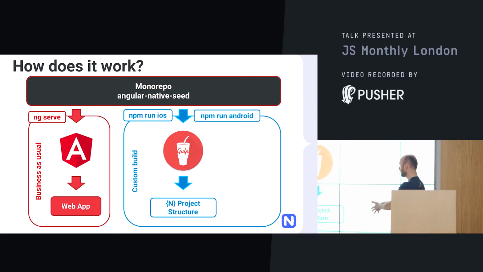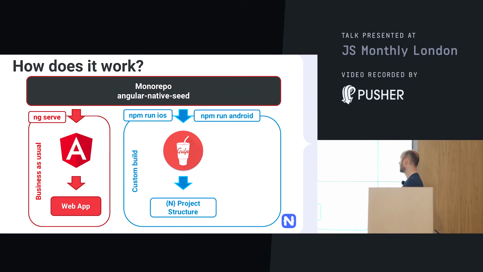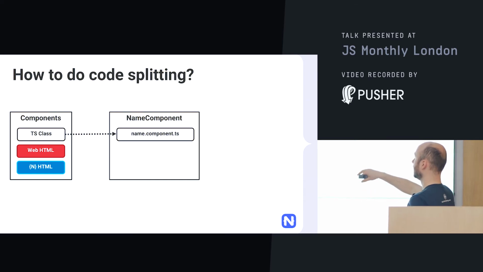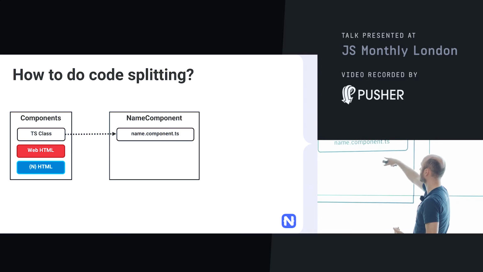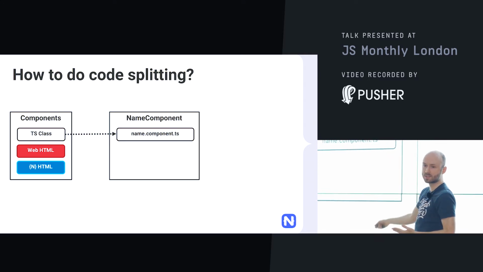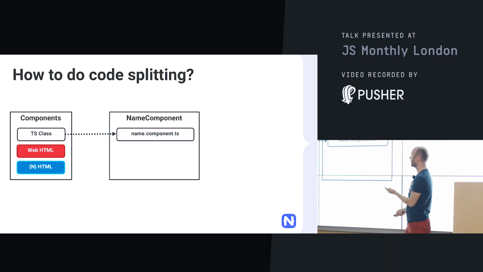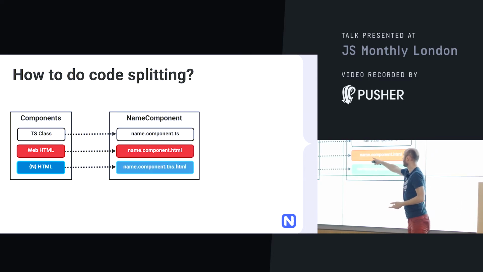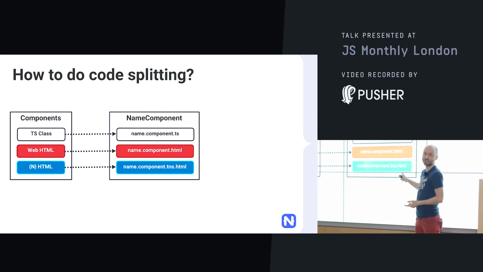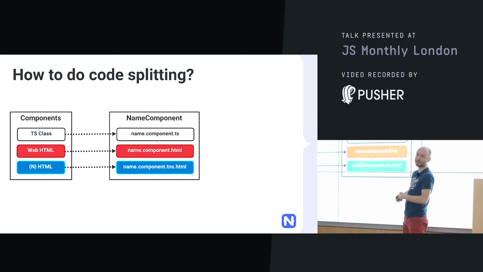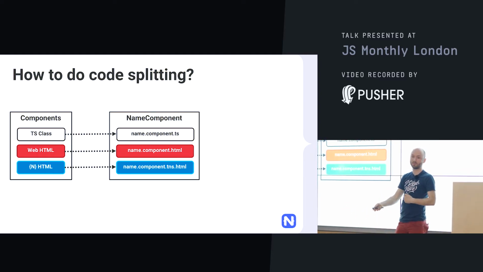Okay, and once we have the NativeScript project, the second step is this npm run command script. So if we have our component, so for our TypeScript class that is shared, we will have, for example, name.component.ts, and then we will have two HTML files. So the web one will be name.component.html. The NativeScript one will have the .tns.html. So this .tns is how we actually separate web from mobile.